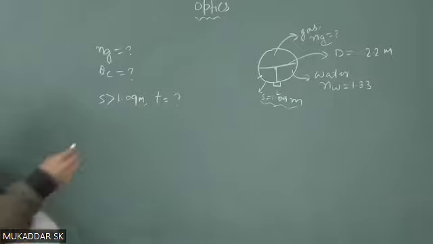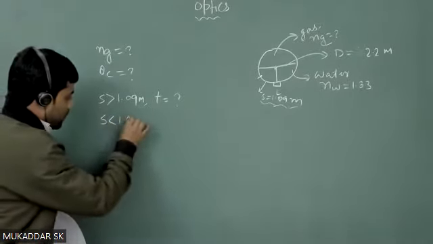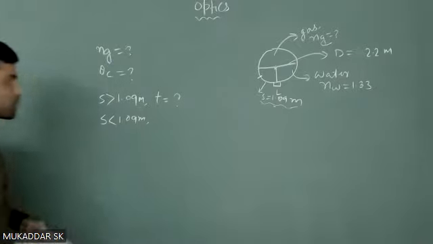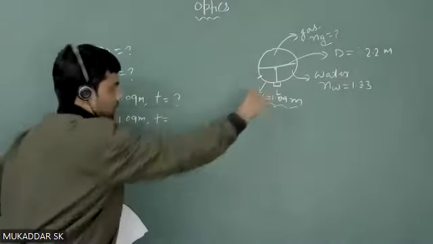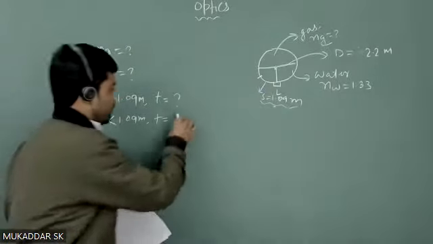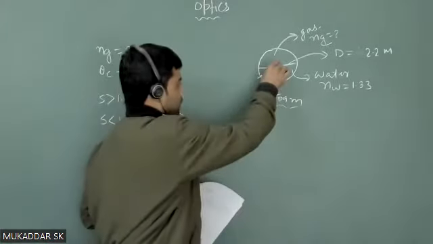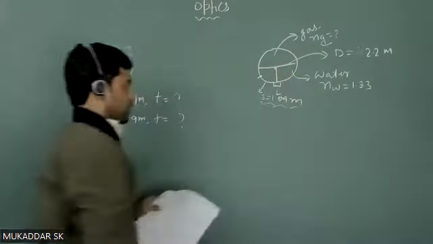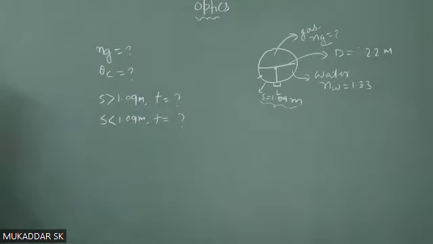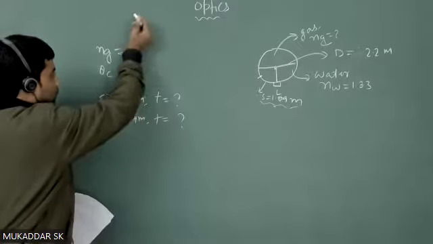Also, there's another question, when S is smaller than 1.09 meter, then how much time will that refracted ray take to reach that surface? Whatever ray is striking the center, how much time will it take to reach that surface? Okay, so these things I have done already, right? I think we are doing this part.